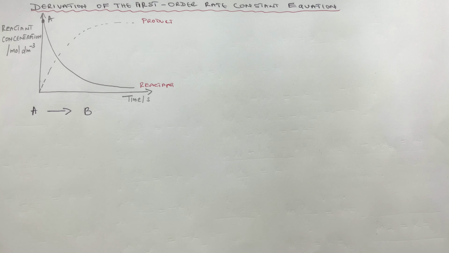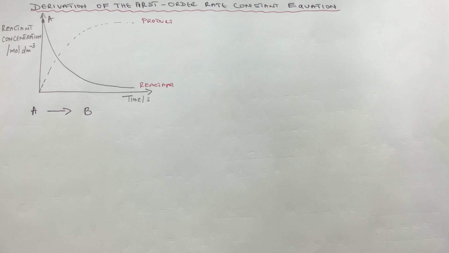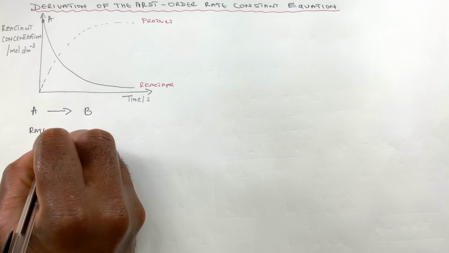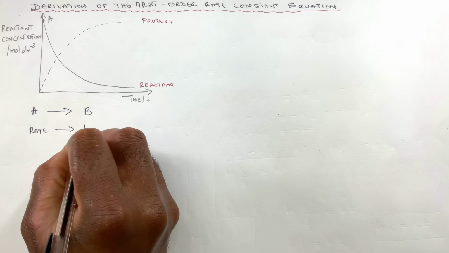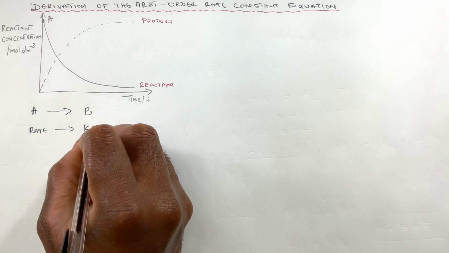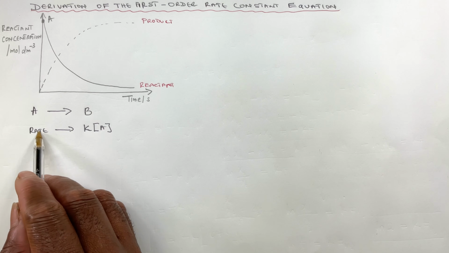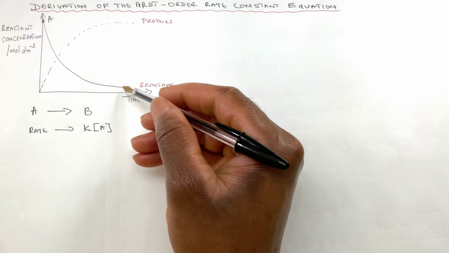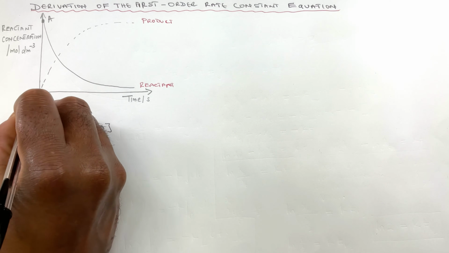And basically the way we write the rate at which A is disappearing is called rate, which we then relate to the rate constant and the concentration of A. But the rate itself is just describing how it's disappearing over time t. And we know that t equals 0 there.